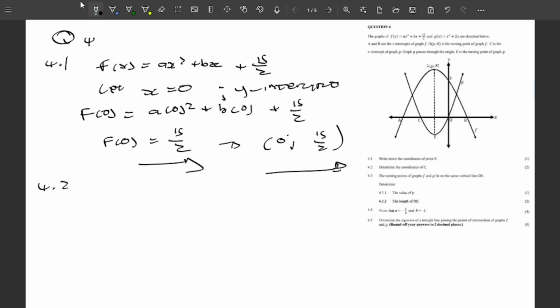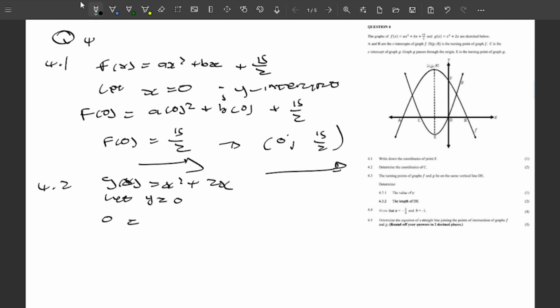Now moving to 4.2, which states, determine the coordinates of C. When we look at C, we're looking at the graph of g. The graph of g has the function g of x equals x squared plus 2x. We can see the value of C is an x-intercept, and it has two x-intercepts, one at the origin and one at C. We let y equal 0 in order to find the x-intercept.